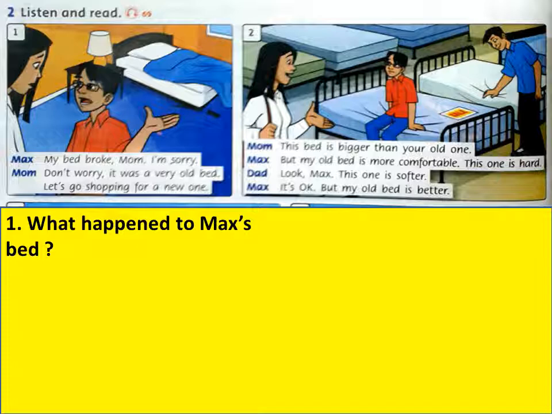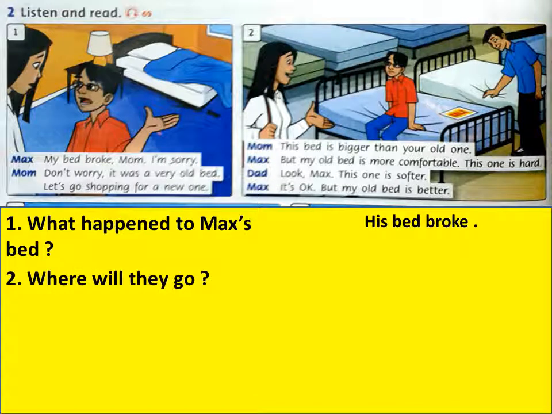You will see what happened. Yeah, the leg of the bed broke. So you can take the information from the sentence, my bed broke, Mom, to answer the question. His bed broke. Yes.